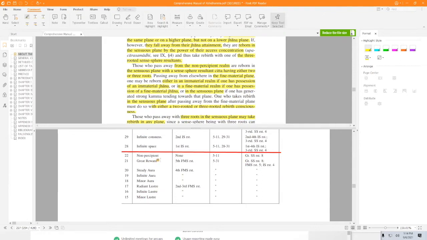But again, you don't pass away from the fine material realm directly into any of the 4 bad destinations. You can pass away from the fine material realm to the human realm, then commit unwholesome karma, and then get reborn in a bad destination.